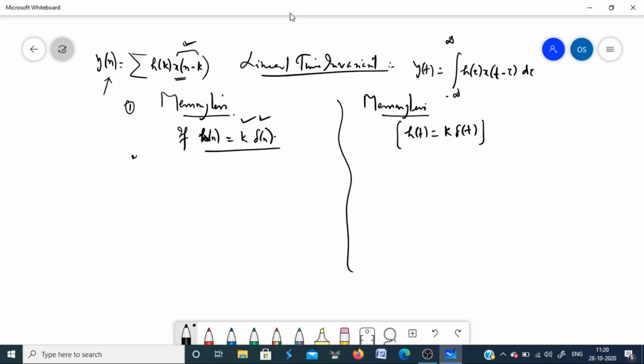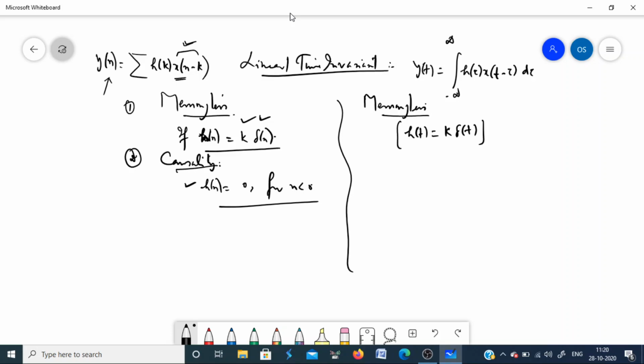Okay, the second was the causality property. For causality, h[n] should be 0 for n less than 0. If the impulse response is 0 for n less than 0, the system is causal. And why is it so?